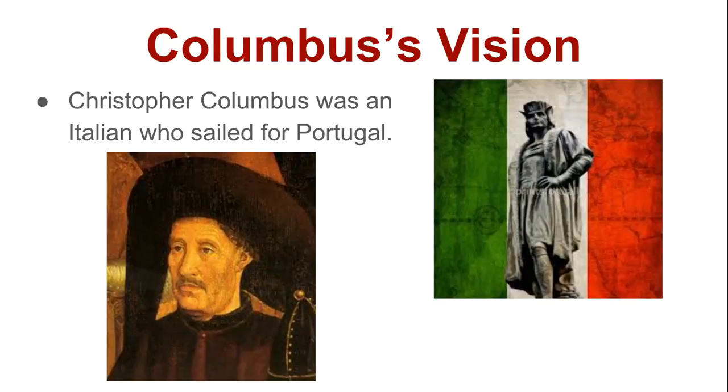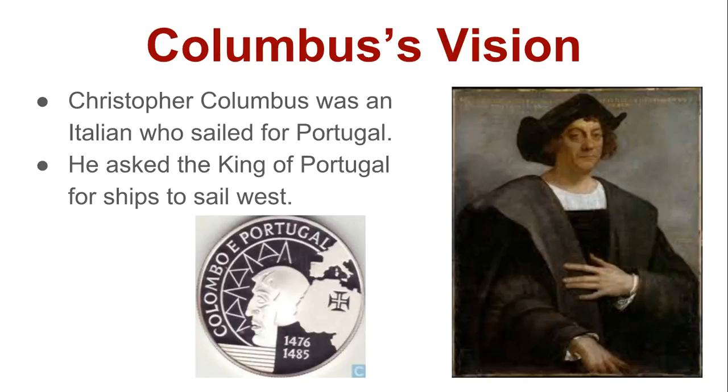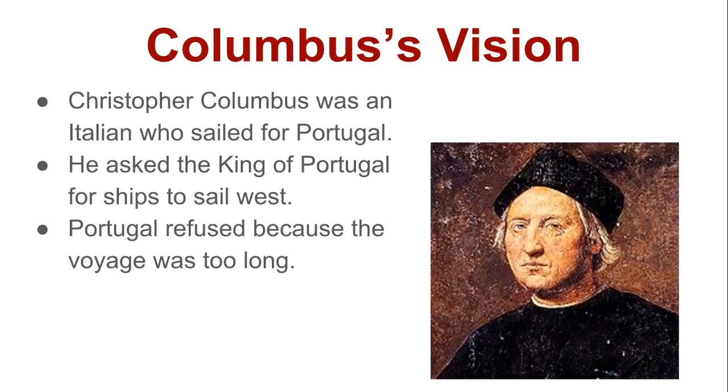Columbus certainly was a good captain and knew how to navigate very well and was attracted to Portugal for that reason. It was while he was sailing for the Portuguese that he comes up with his idea for sailing west. And he approaches the King of Portugal and asks for ships in order to make this voyage.